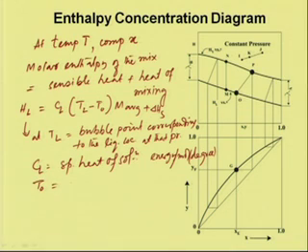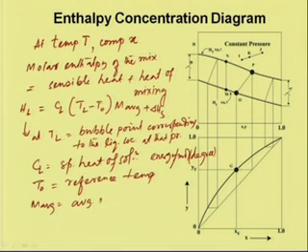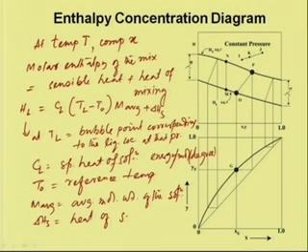T naught is the reference temperature, M average is the average molecular weight of the solution, and delta HS is the heat of solution at the reference temperature T naught, and the concentration which is for the pure liquid components.